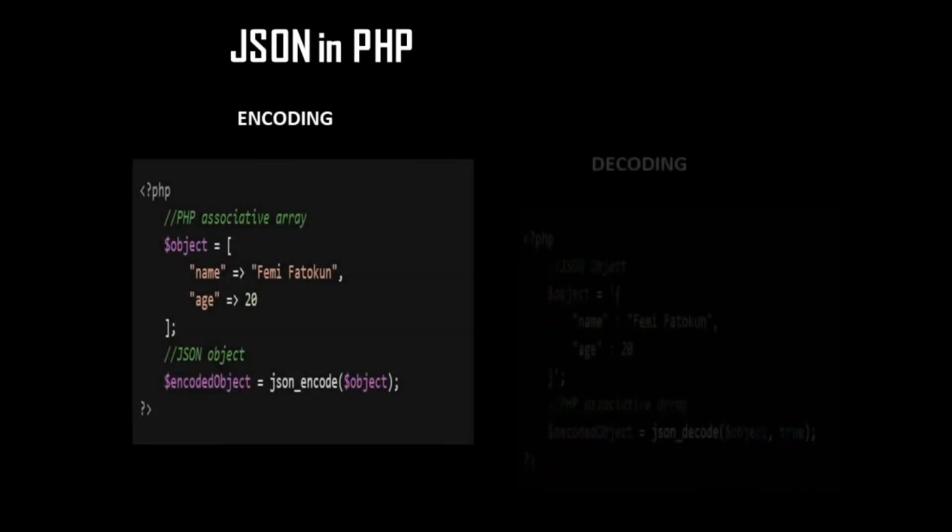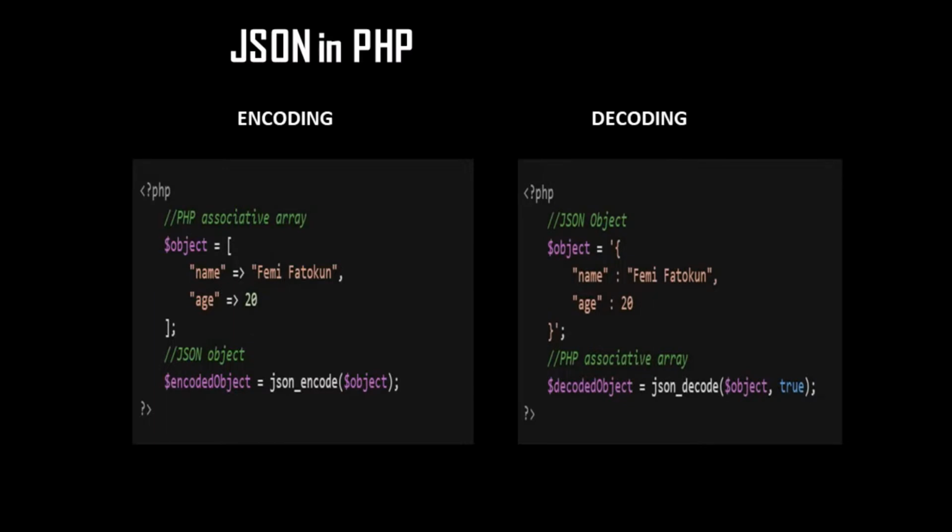Now we're going to talk about JSON in PHP, and also about encoding and decoding JSON in PHP. On the left hand side we are encoding JSON in PHP, and on the right hand side we are decoding. Let me explain what's going on. In PHP we have arrays, and arrays can just have values, or they can have key value pairs. The subject variable here contains an associative array in PHP.